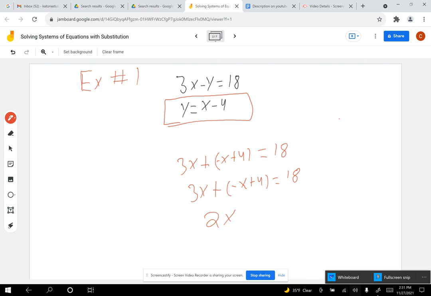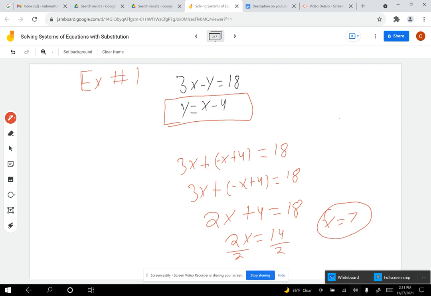So I'm going to have 2x plus 4 after I combine like terms equals 18. I'm just going to subtract 4 from both sides. I'm going to have 2x equals 18 minus 4, which would be 14. Then I'm obviously going to divide both sides of the equation by 2 and get x equals 7.